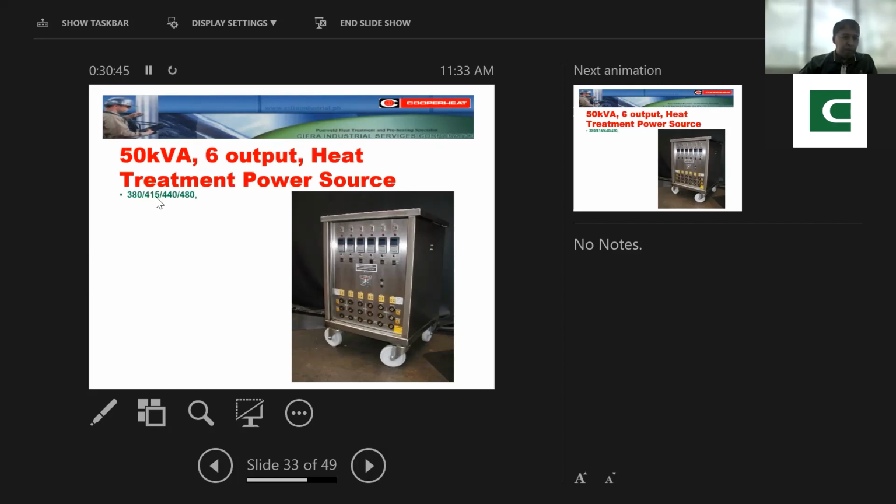And your power supply is 440 volts, 3-phase, 60 amperes. And this one is 32 volts for safety, no? Mababa lang yung voltage niya.